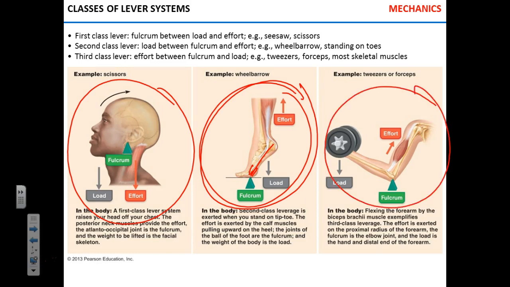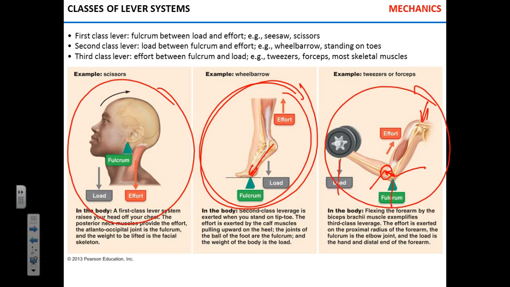Biceps. Origin is scapula and the insertion is ulna. So you can see that at the lever at which we operate with this muscle, the distance between the insertion point and the fulcrum is small.